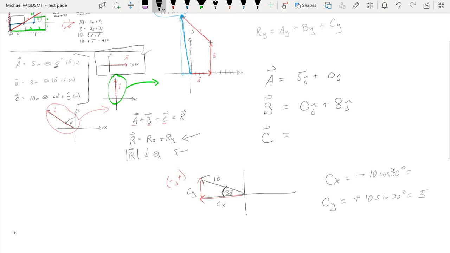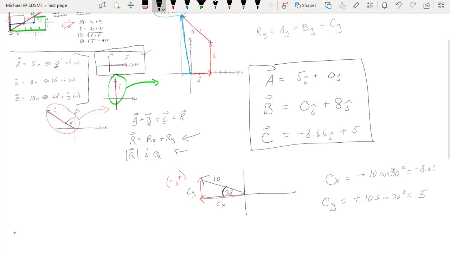And that's going to make for a positive 5, and I believe this is a negative 8.66, but I'll double check that on my calculator just to be sure. Yep. Okay, those two values we will now bring up here. Negative 8.66 and 5.